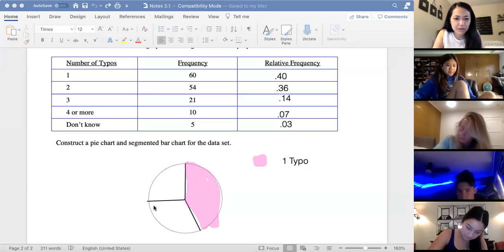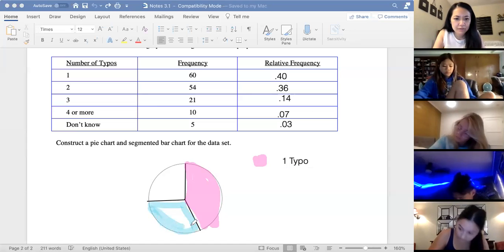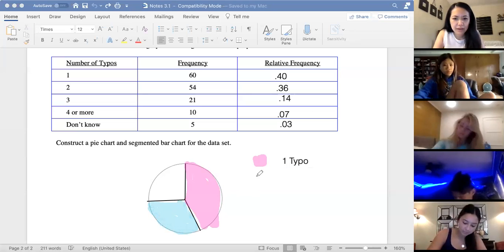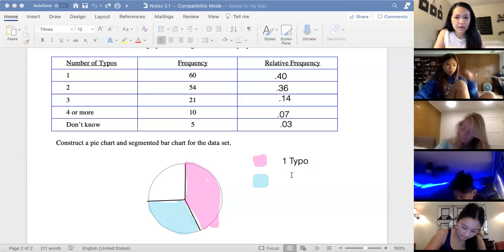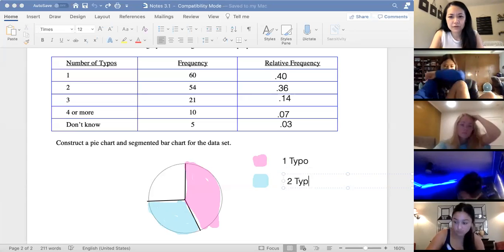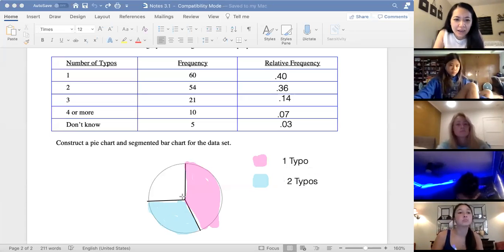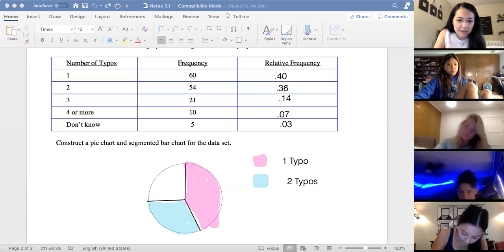And let's make this blue. And that will be 2 typos. All right, another 14% for 3 typos.